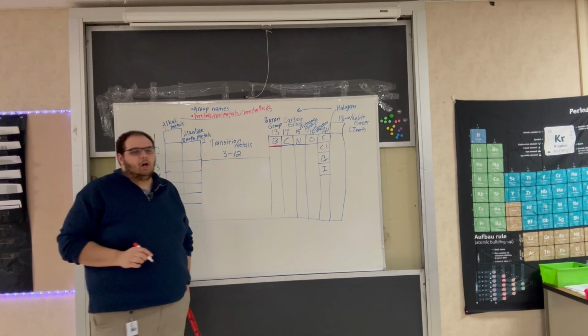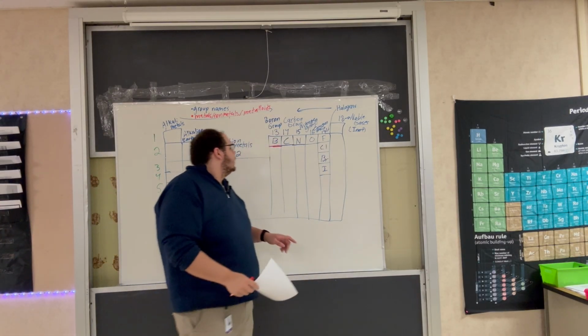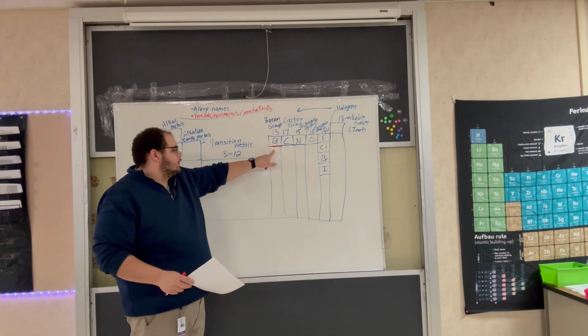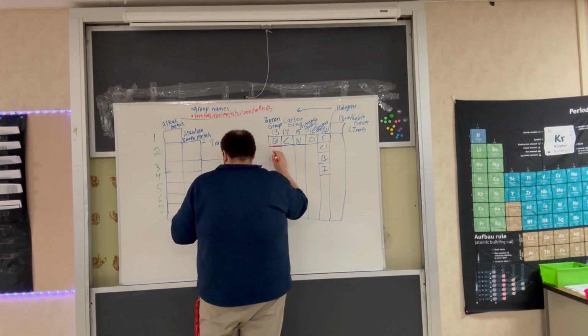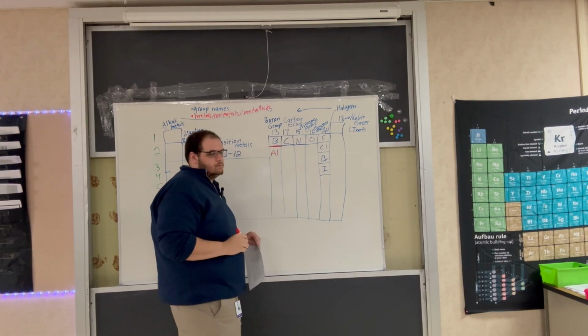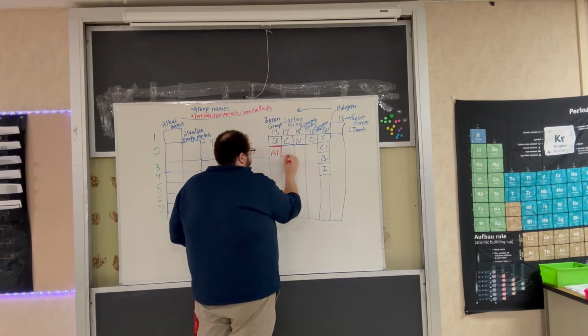Draw where I draw. Between boron and aluminum you're going to have a little line. Then I'm going to draw another line and essentially form a staircase.